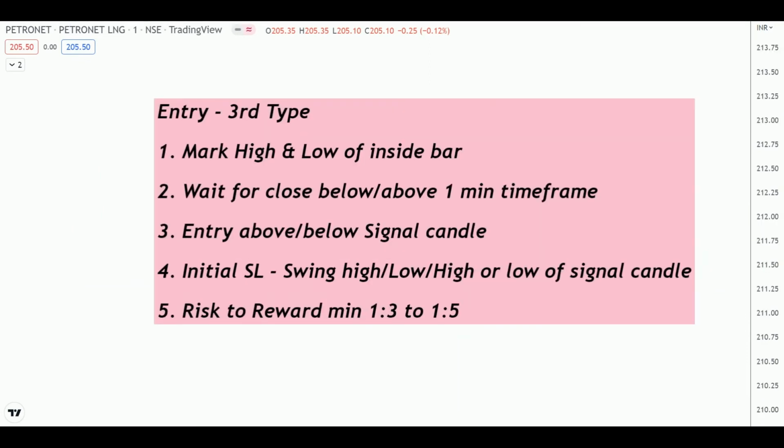The last thing is risk to reward of minimum 1:3 or 1:5. As I have promised you, at the end of this video we are going to see one optimized strategy, which is the multiple time frame analysis strategy, where the entry has been taken on 1 minute. We will see risk to reward as 1:3 or 1:5 minimum.